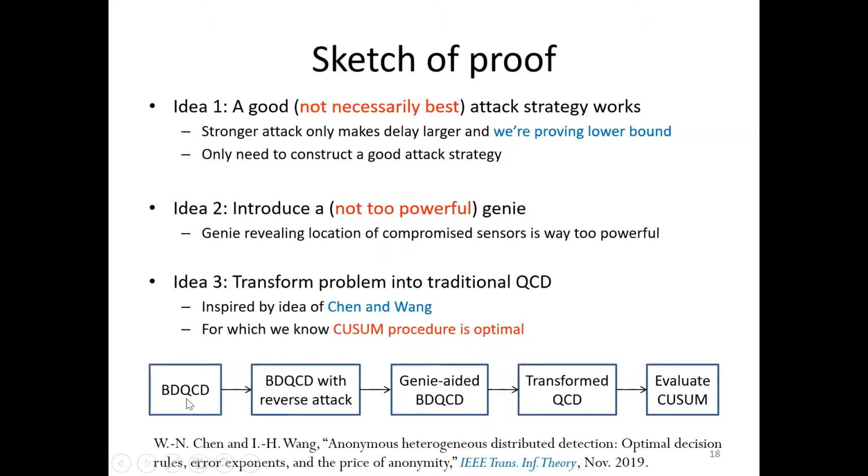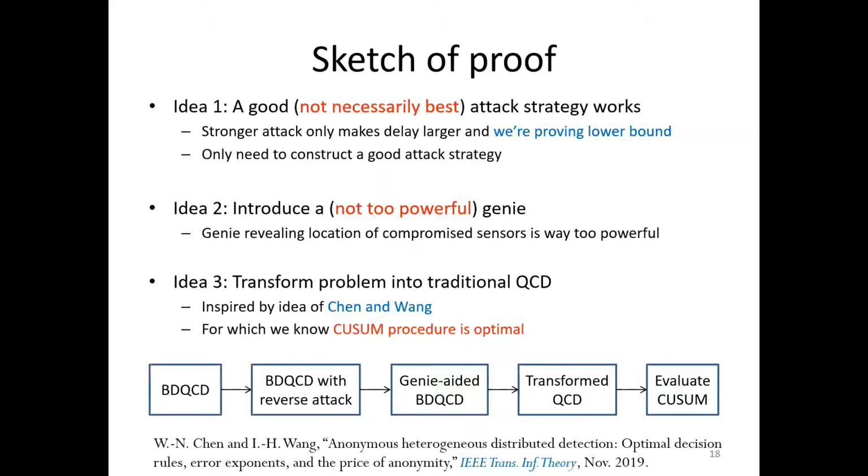Okay, and our third idea is that we transform the problem into a traditional QCD, and this is inspired by the idea in this paper by Wei-Ning Chen and Yishan Wang. Okay, yeah. So after this, we know that this will serve as a lower bound for this, and since this is a traditional QCD, right?